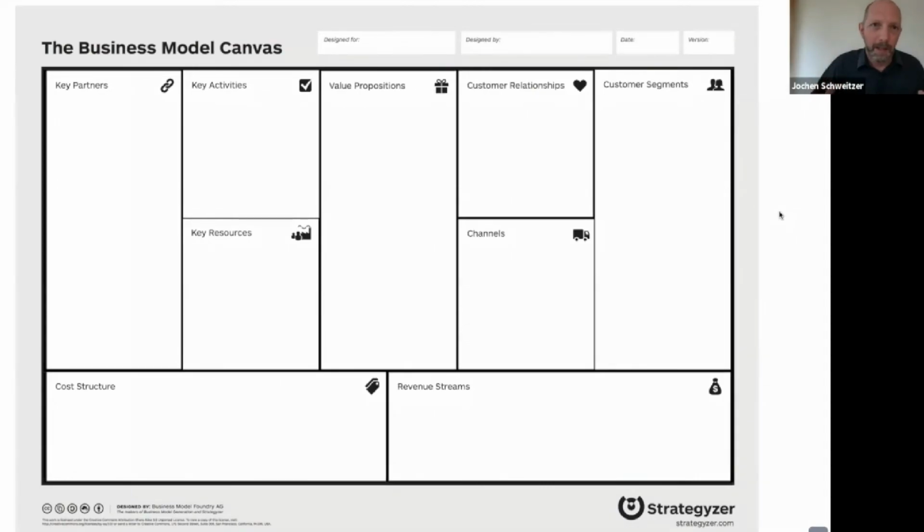The key idea here really is that you're starting to experiment as you develop your startup with different options. You're checking different channels and you figure out which channel is the best performing channel in reaching my customers. You can also think about different ways of managing that customer relationship, testing various options over time, and then figuring out what the best, most efficient and most suitable option would be.